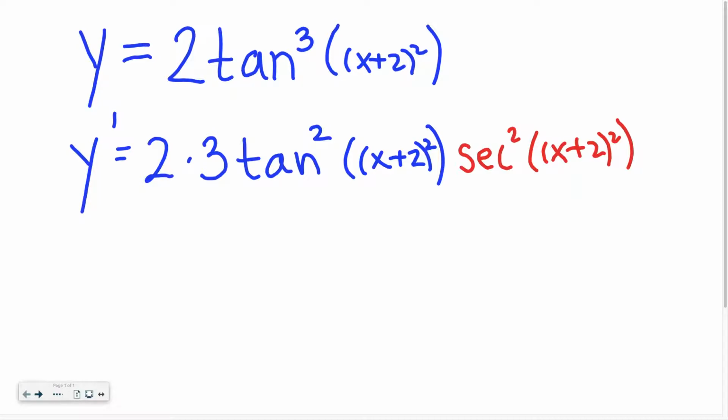But then there's something inside of tangent, isn't there? So now, chain rule again, we need to take the derivative of what was inside of tangent.